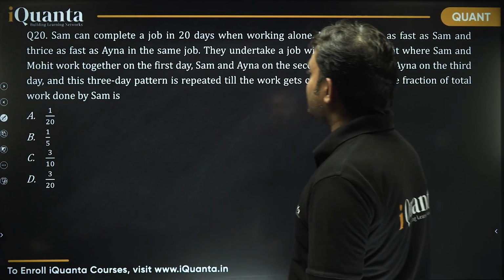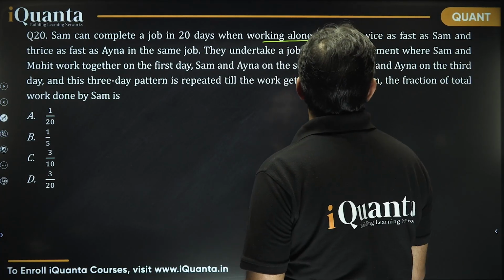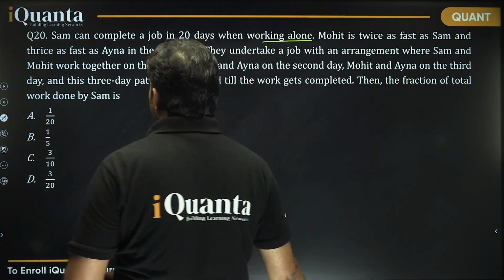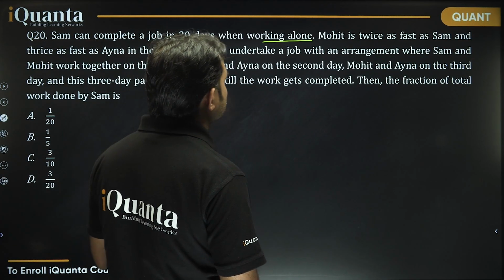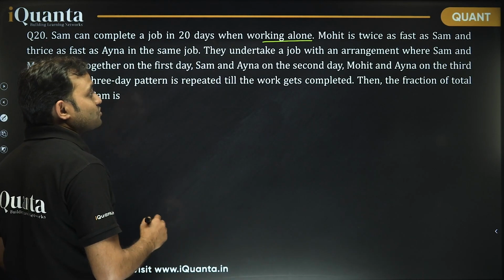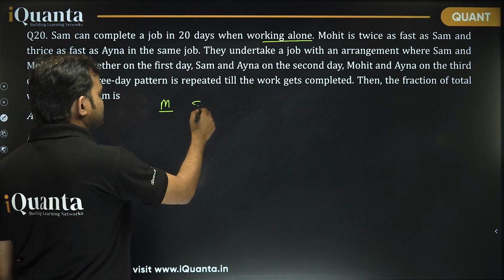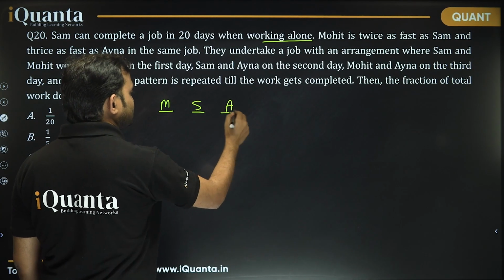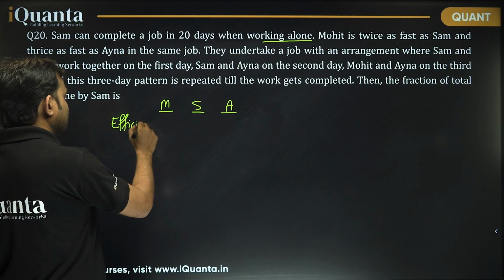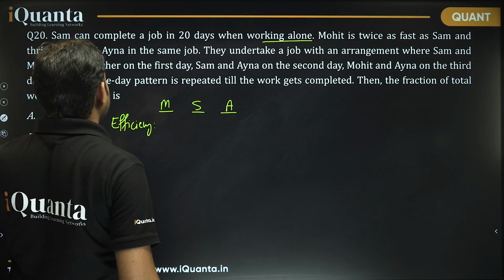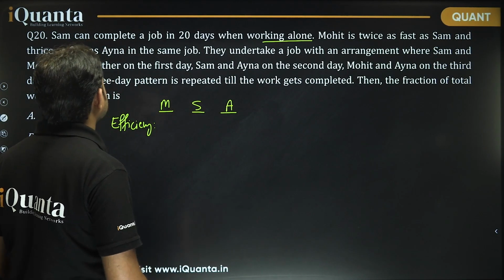Sam can complete a job in 20 days when working alone. Mohit is twice as fast as Sam and thrice as fast as Aina in the same job. So if we write the ratio of their efficiency, Mohit is twice as fast as Sam and thrice as fast as Aina.